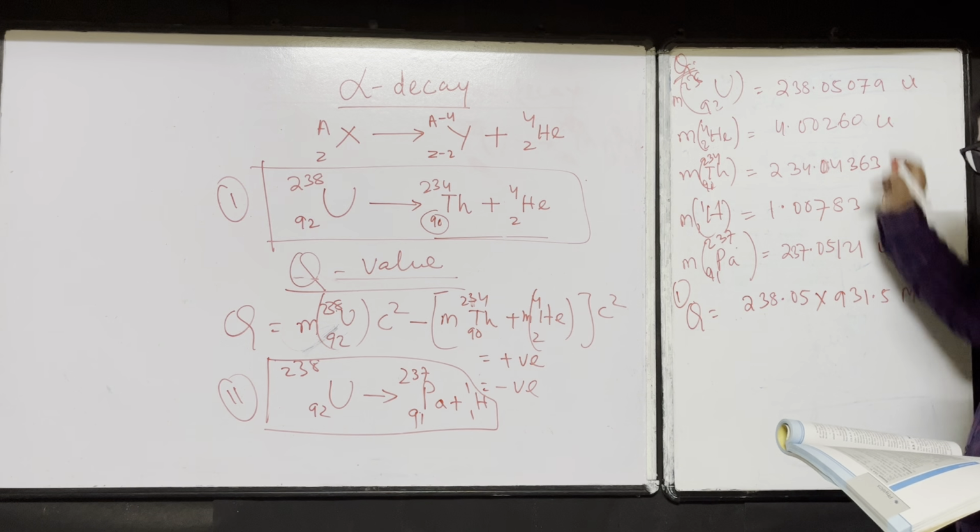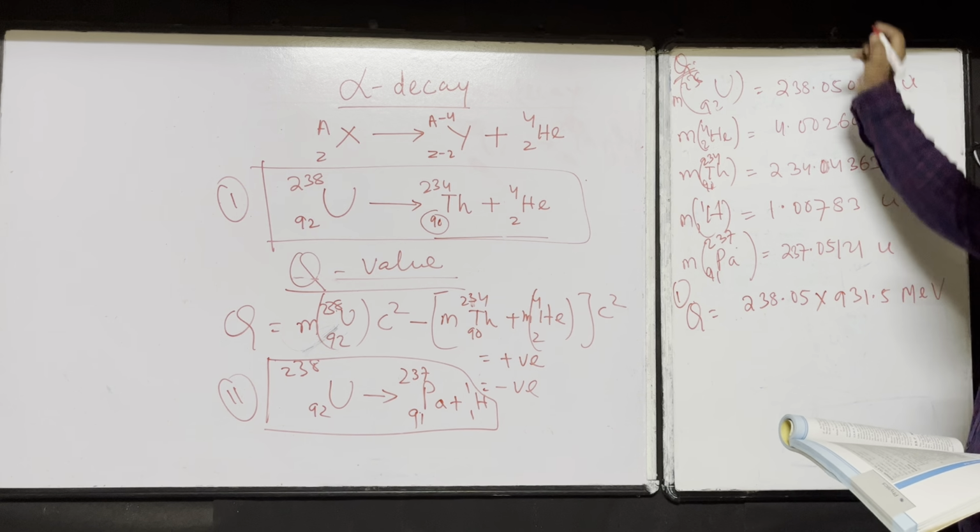So this is your number. It will come common, so you can take it common. So this is your 238.05 minus, you add these two, thorium and helium.